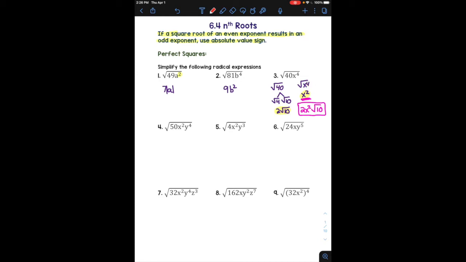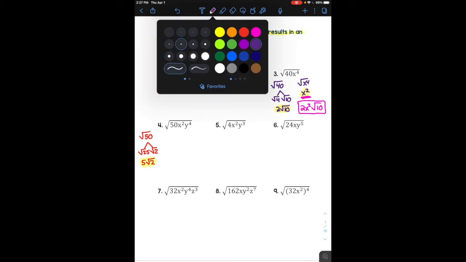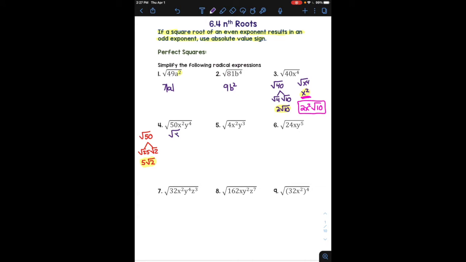Let's check out problem number 4, in which we are now adding some variables. The square root of 50 can be simplified. It's not a perfect square, but the biggest perfect square that goes into 50 is 25 times 2, in which the simplified expression 5 root 2 would express the square root of 50. Let's now do the square root of x squared. What variable times itself is x squared?